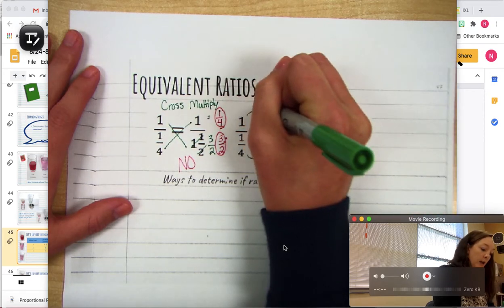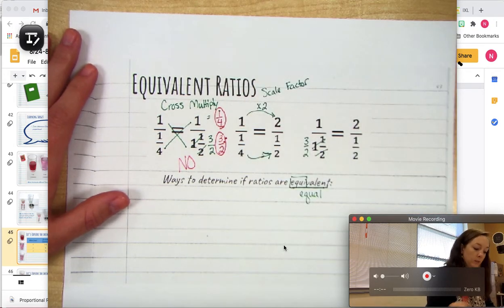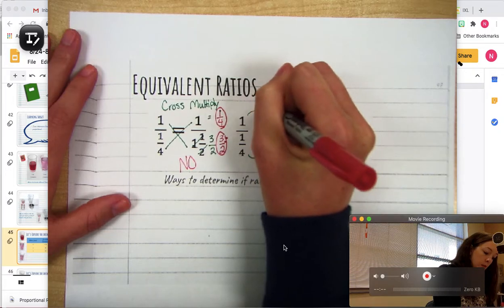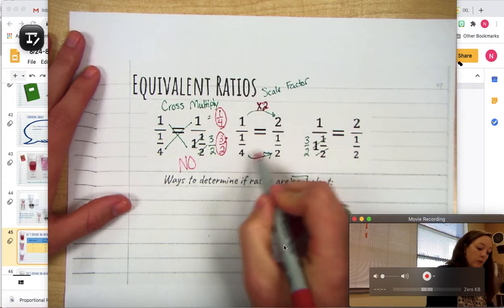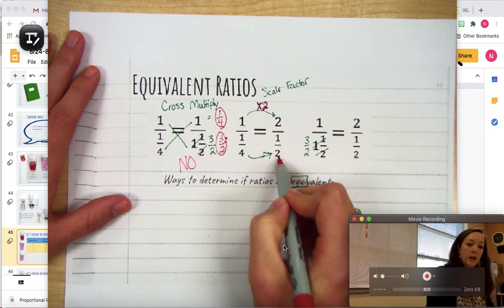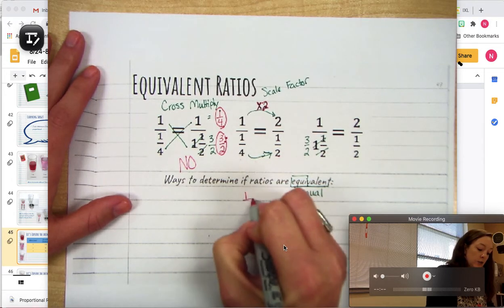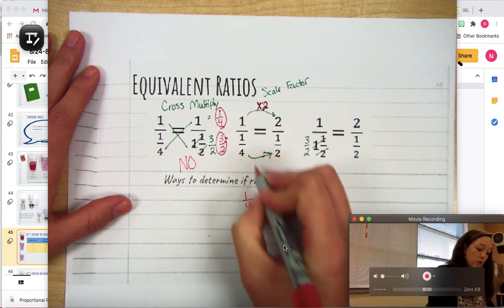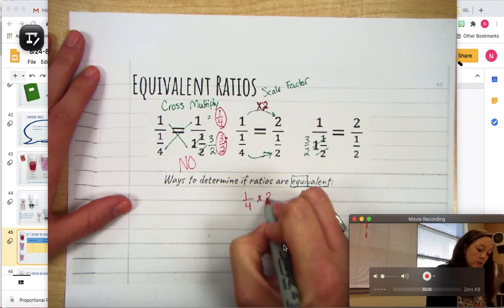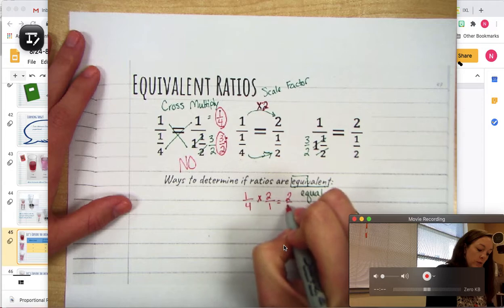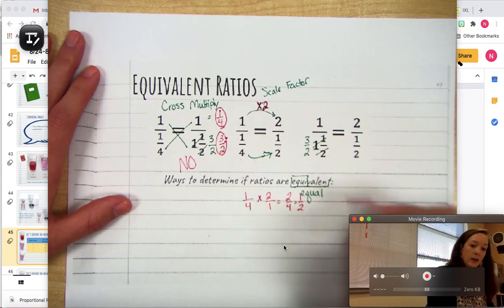Well, 1 times 2 gives me 2. Let me write it in red. And then 1/4 times something gives me 1/2. Well, let's try times 2, and then I'll show you the fraction bar. So times 2, I get 2 over 4, which equals 1/2.